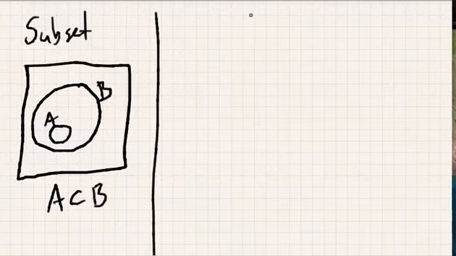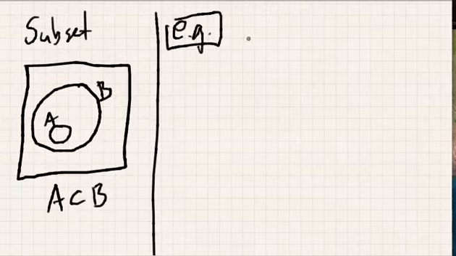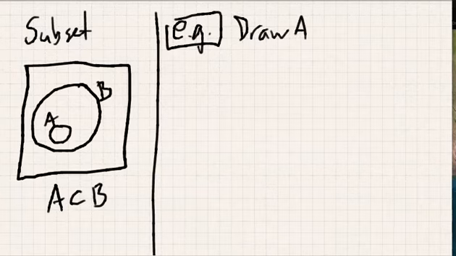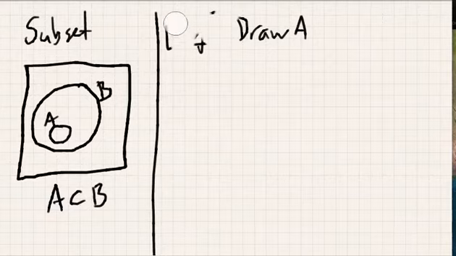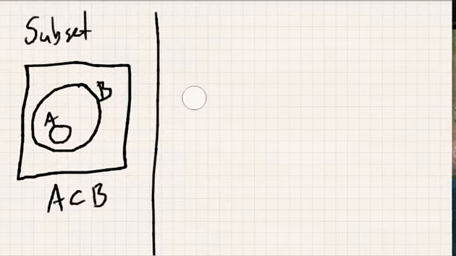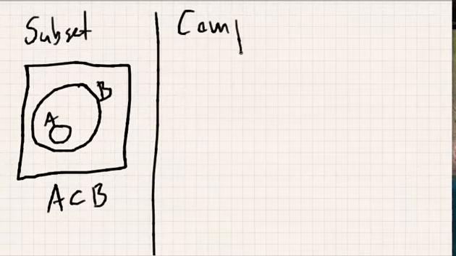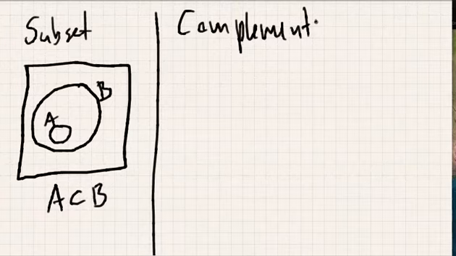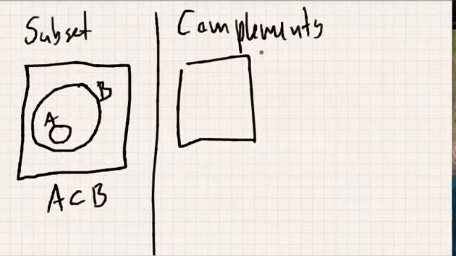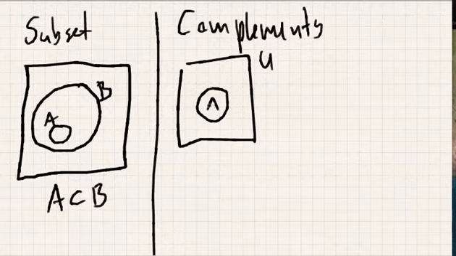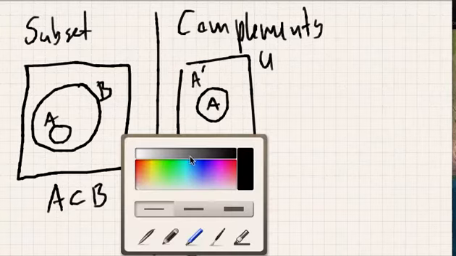Now, Venn diagrams can help us draw more complicated versions of sets. But wait, I wanted to look at one more basic thing. Finally, complements. If here's my universal set U and here's my set A, then my set A bar, or excuse me, A prime, is everything that's outside of it.